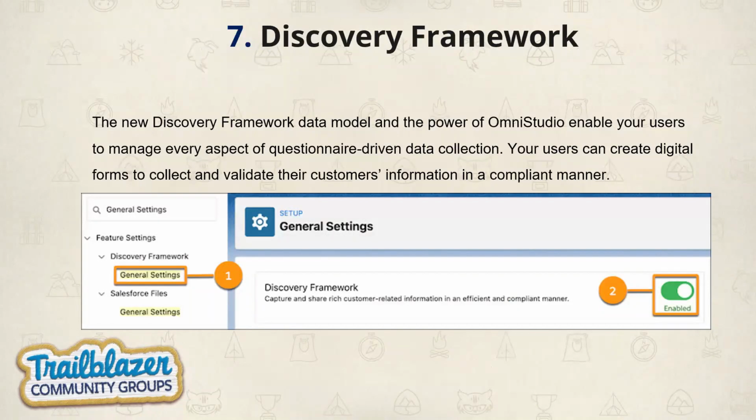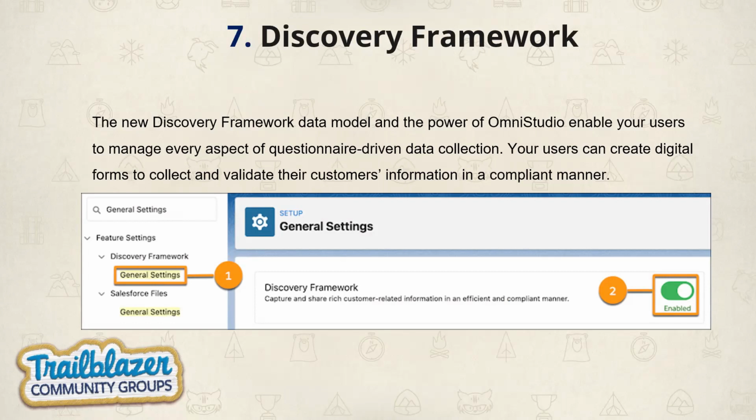This is another feature that is called Discovery Framework. First of all, if you need to manage every aspect of your questionnaire-driven data collection in Velocity, that is called Omni Studio. So you can enable your user and perform your data model work under this Omni Studio. So how to do that? You can search this general setting in your org, in the Velocity org.